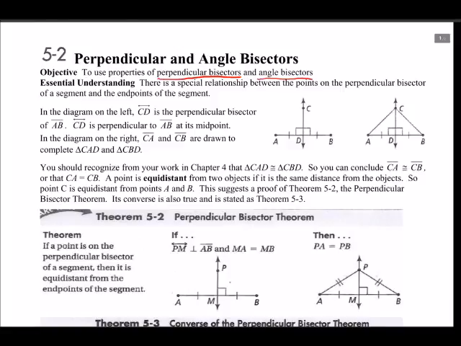What we're going to look at here is, in our diagram, line CD is perpendicular to and bisects segment AB.